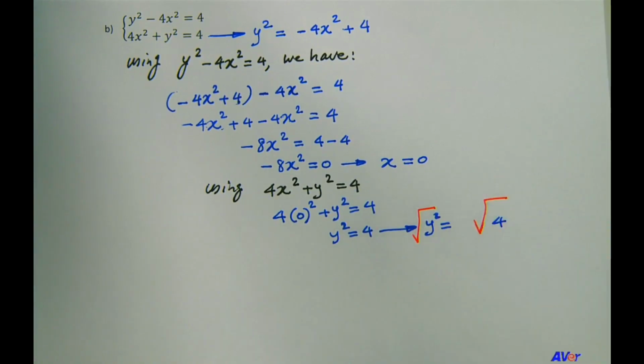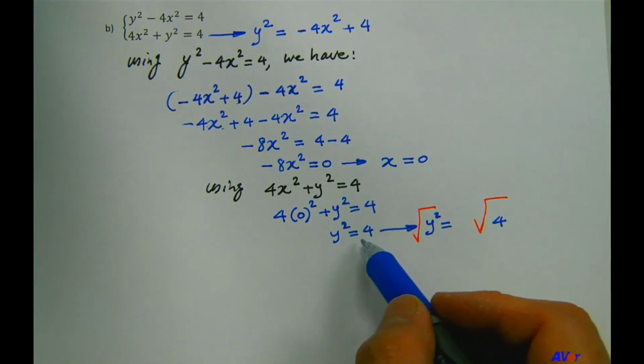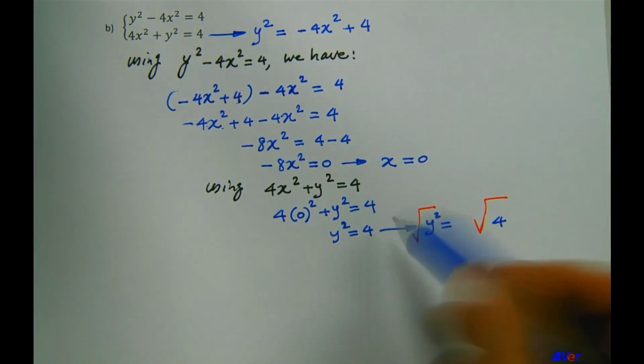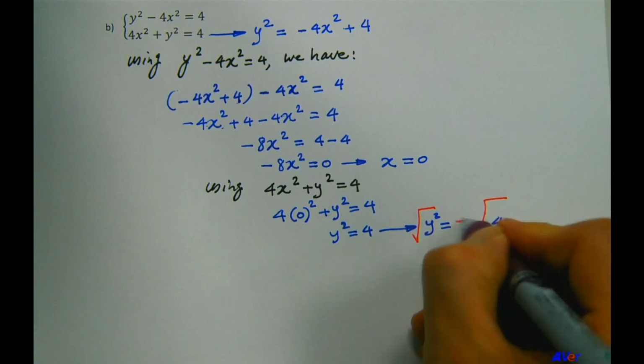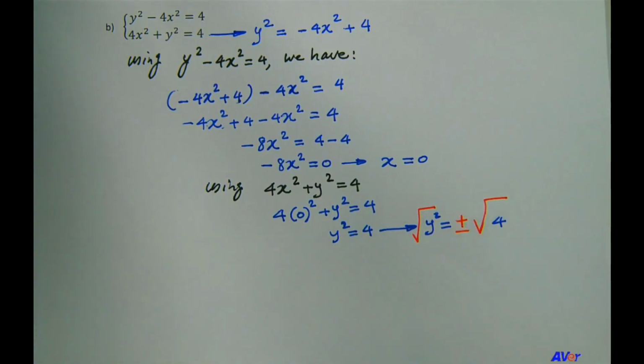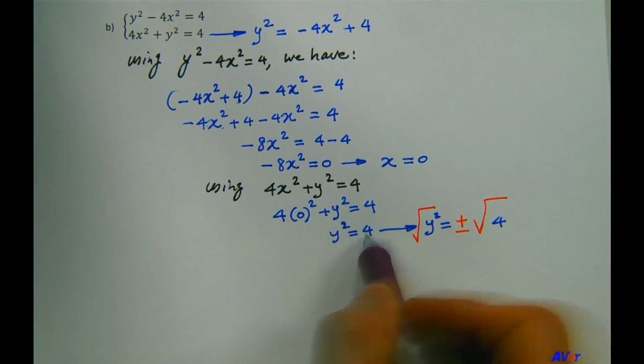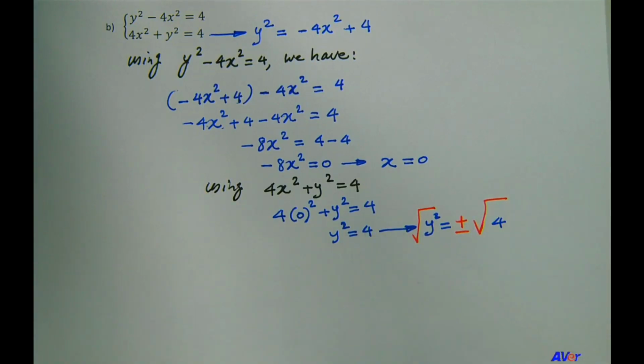Is this correct? What do you think? Is this correct, or is it missing something? It's missing something. What is it? Do you remember? Well, remember that if we take the square root of both sides, the constant side must always be plus or minus, unless this constant represents some kind of a distance, say the radius of a circle or the distance between 2 points.